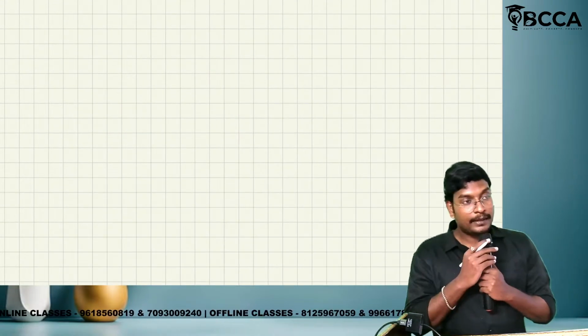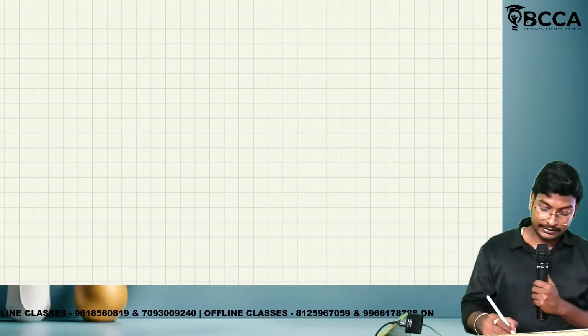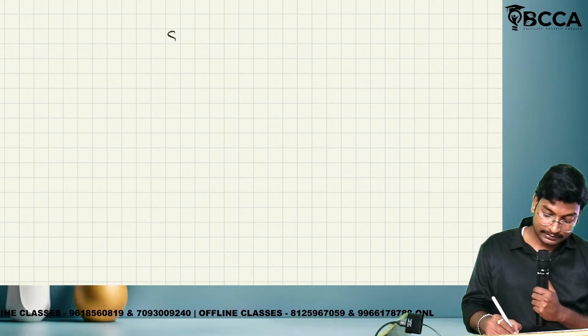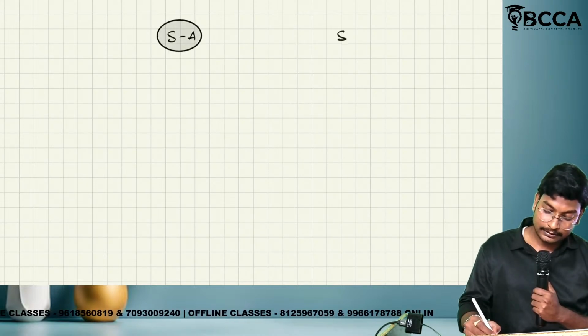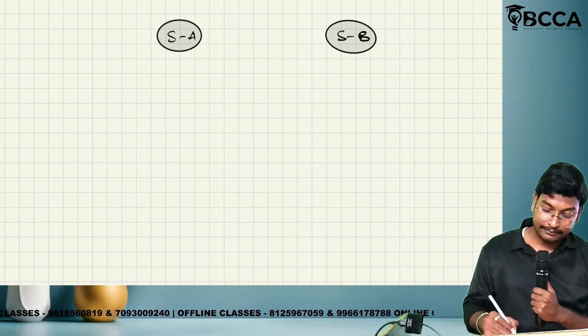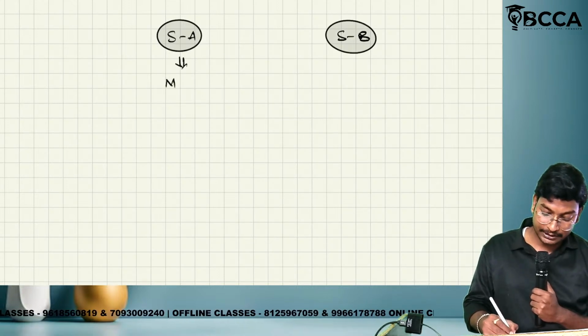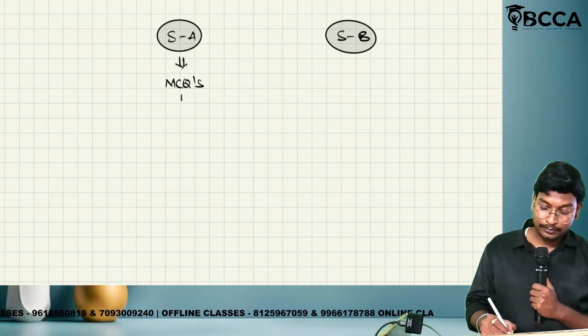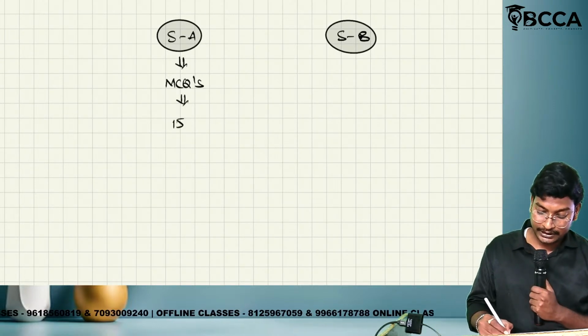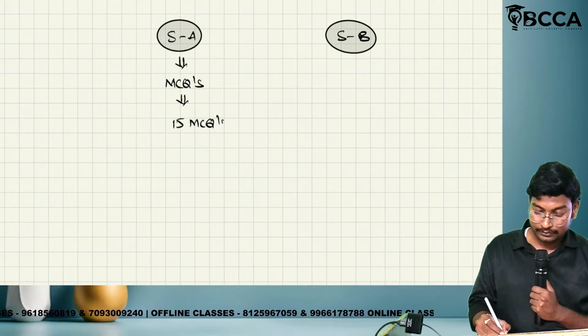If you observe the paper pattern of CMA Inter, there are 2 sections, section A and section B. In section A, what will they give? They will give MCQs. Totally 15 MCQs.